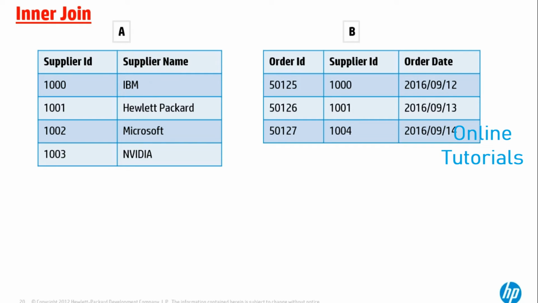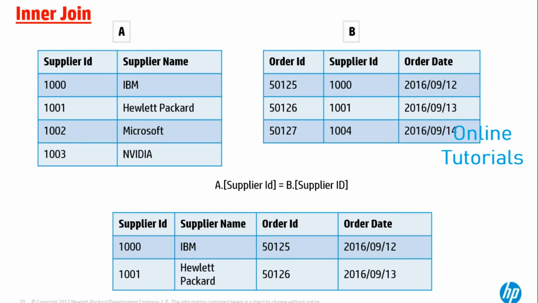So my requirement is I need to get the supplier ID, supplier name, order ID and order date. I need to match, so supplier ID is a matching column. If I join this, I may get 1000 and 1001 as the two matching records: supplier name, order ID and order date.